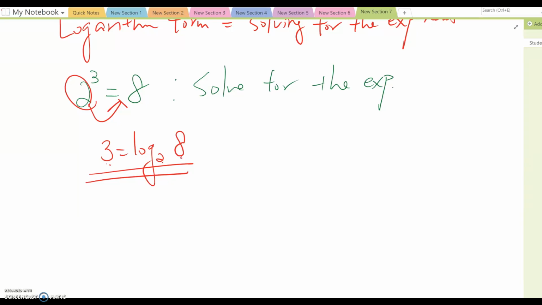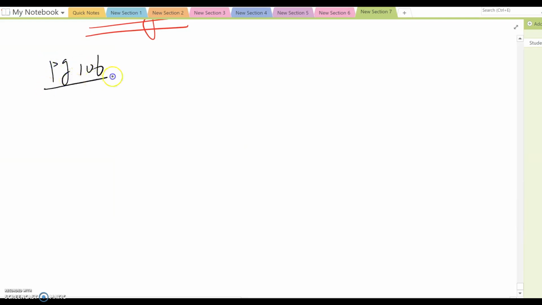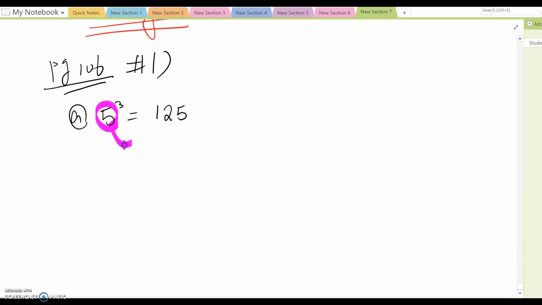Okay, then let's practice some questions on page 106. We want to do number 1. Write each of the following equations in logarithm form. So a, 5 cubed equals 125. Again, you move the base to the other side with log in front.